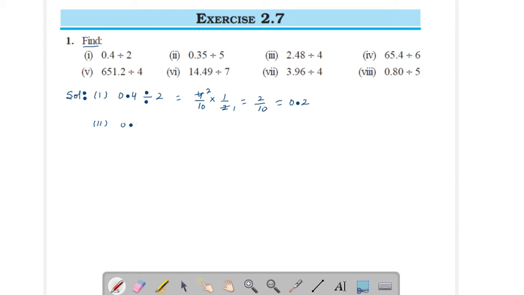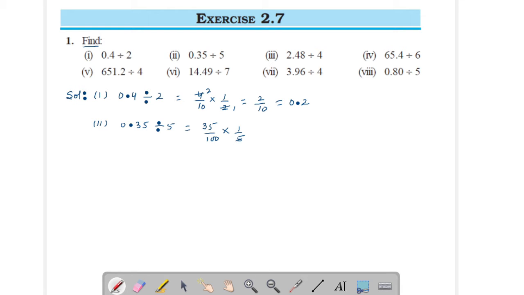0.35 divided by 5. Here remove the decimal, it can be written as 35 upon 100 into the reciprocal of 5, that is 1 upon 5. Here cancel the terms, 35 and 5.